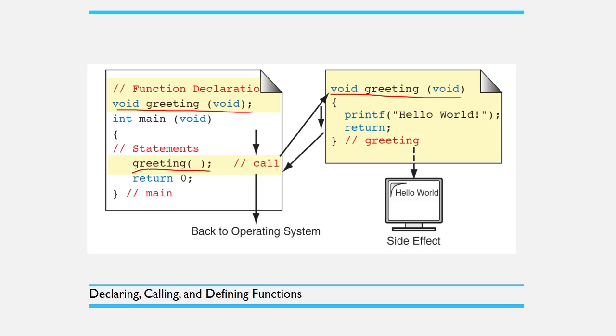So on running the program, when the compiler found this statement, the greeting function call, it will look for a function definition having a greeting function without a parameter.